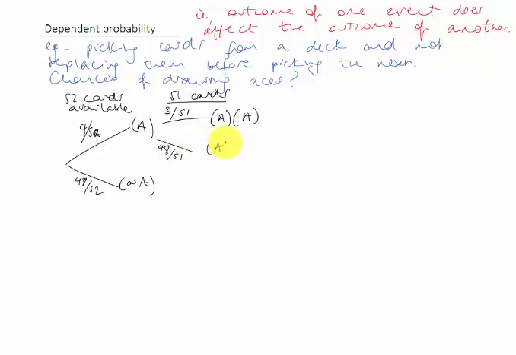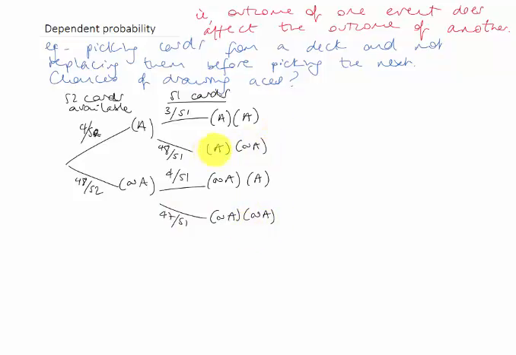So this would give us ace and a not ace. Similar idea here: we've already drawn an ace, so we've still got 4 aces left out of the 51 cards. So that means we'd get a not ace and then an ace. And here we've got 47 not aces left out of 51, so that'd be not ace, not ace.